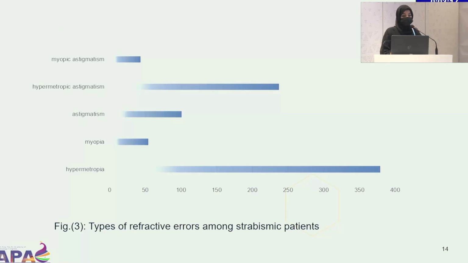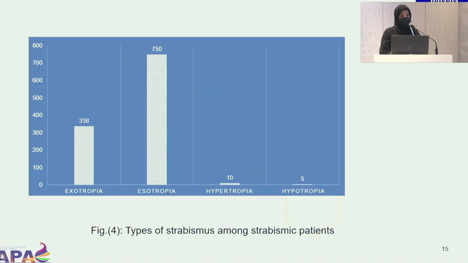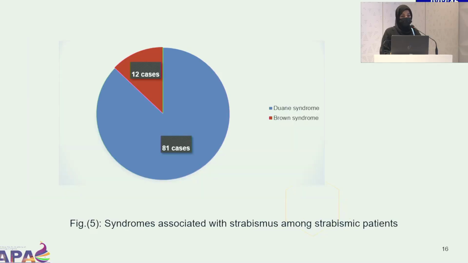This bar chart shows the types of refractive error, the dominance of hypermetropia followed by hypermetropic astigmatism, then myopia, then myopic astigmatism. This bar chart also shows the types of strabismus, our aim of study. There is a huge dominance of esotropia, 750 cases, followed by exotropia, 338, and very few rare cases of hypo and hypertropia.